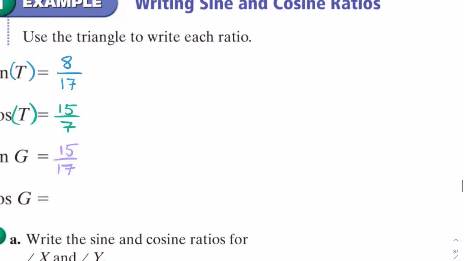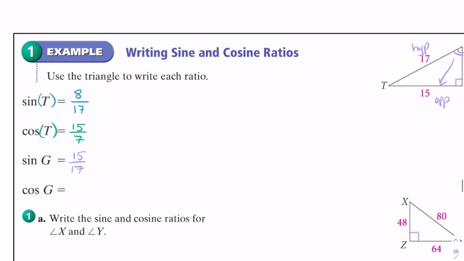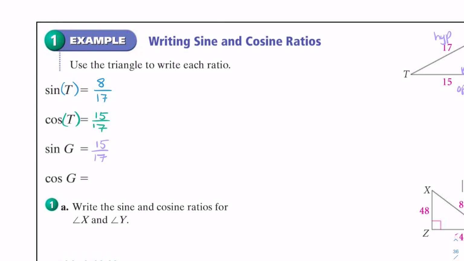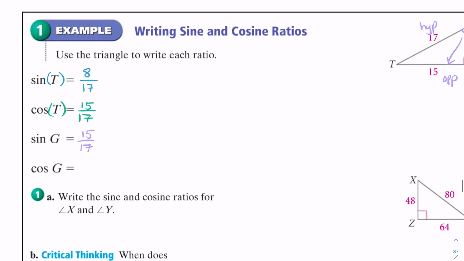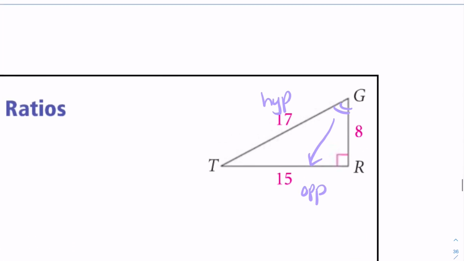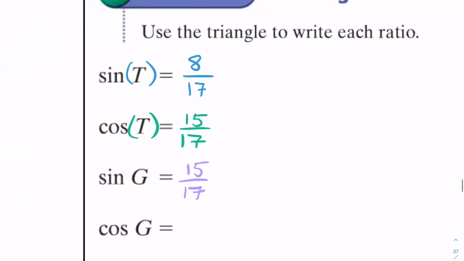And then the cosine of g, I mixed these up, hold on. Sine of t, cosine of t, oops, 17. The sine of g, okay, no, I'm good. And then the cosine of g is the adjacent over the hypotenuse. So that's going to be the adjacent side, which is 8. So 8 over 17.